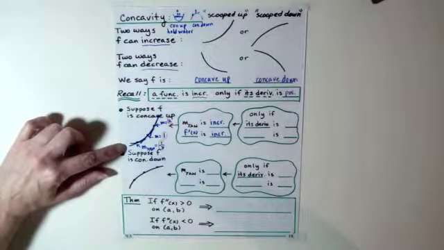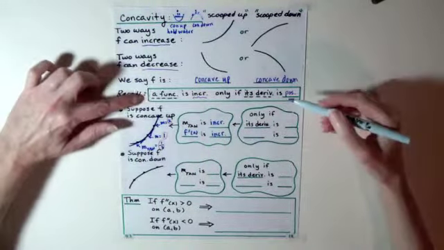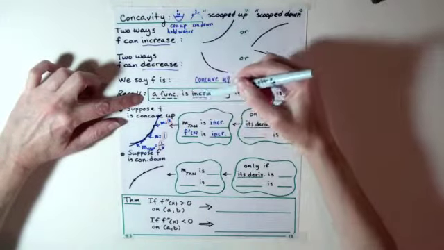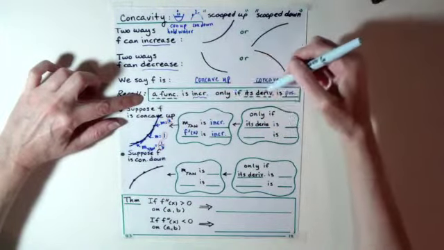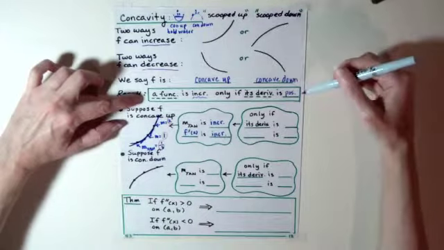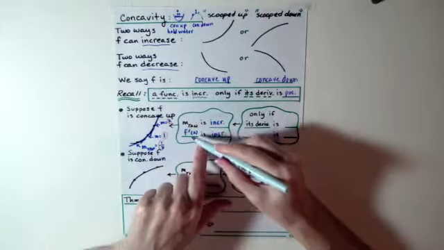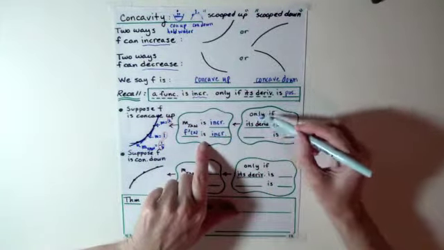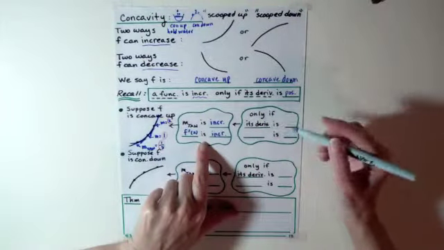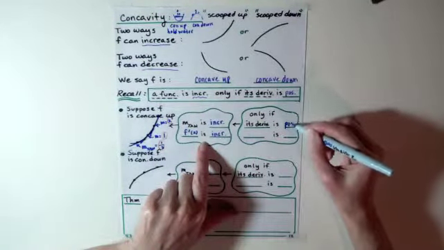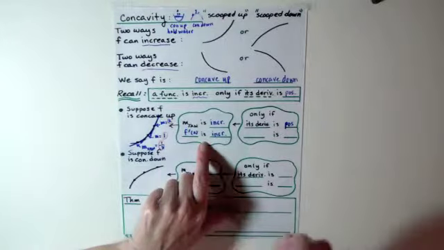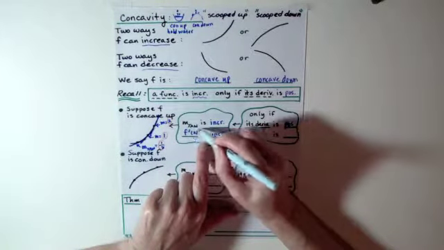Okay. But what did we say up here? We said a function is increasing only if its derivative is positive. So f prime can be increasing only if its derivative is positive. All right. But let's think about f prime.